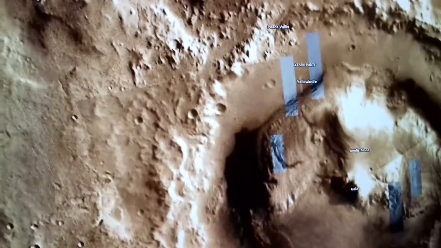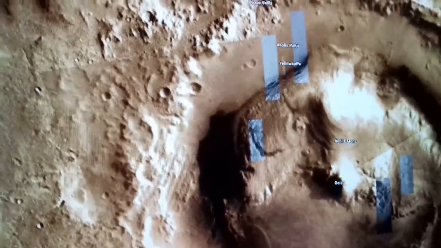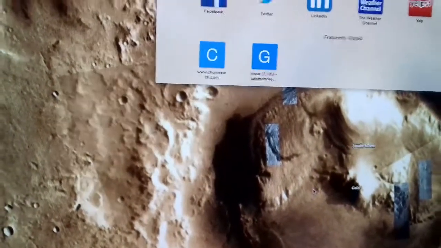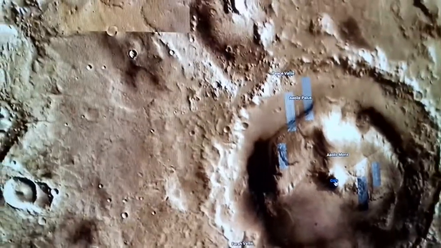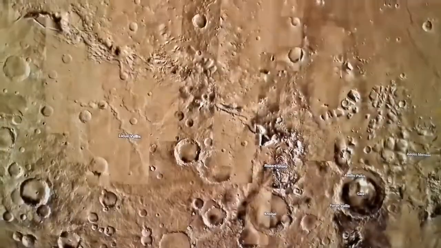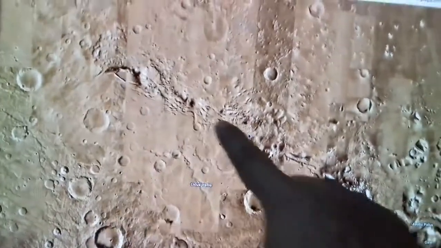So we were in this crater called Gale. Let's see what Google says. Data, Mars. No, there's no Gale. But yeah, this crater is called Gale. So we were in Gale. Now when we move out of Gale, can you see all of this?